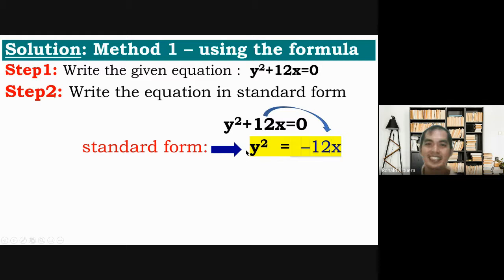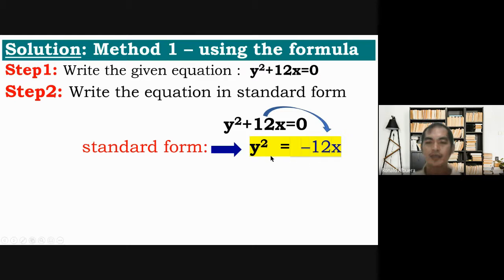This is the standard form of the parabola: y squared equals negative 12x. This is already the answer. It is already in standard form: y squared equals negative 12x.